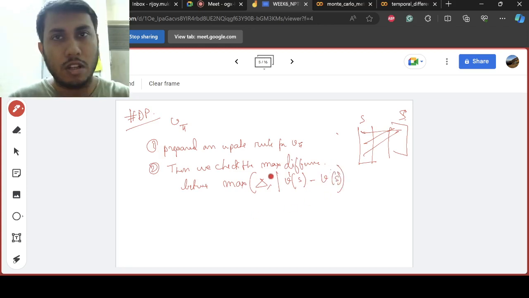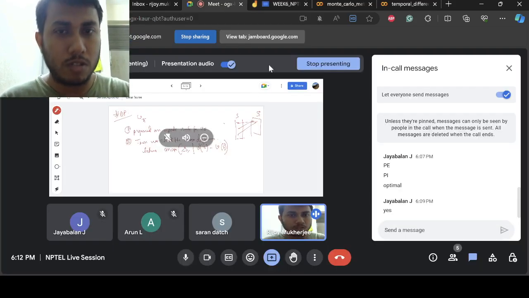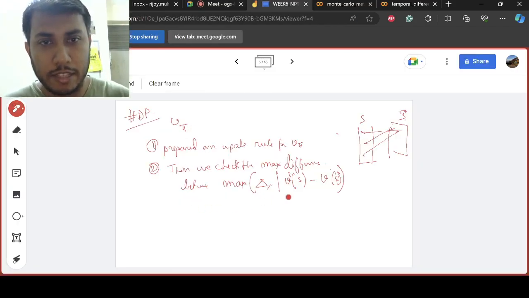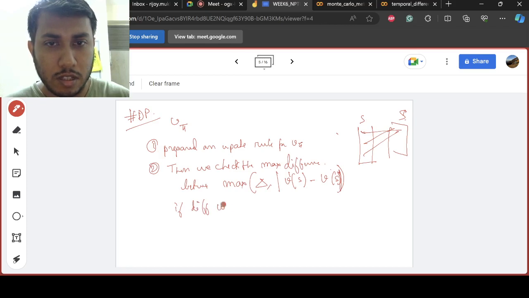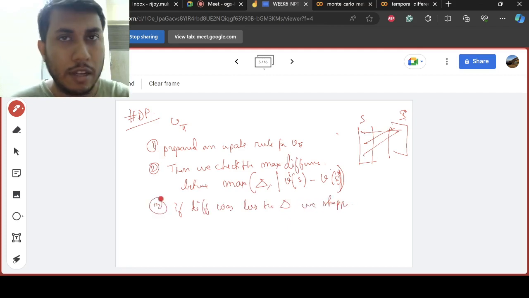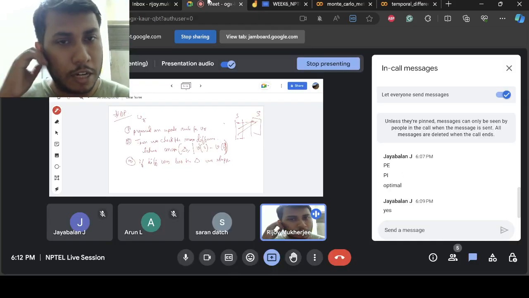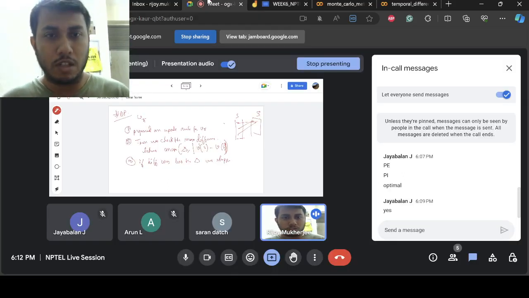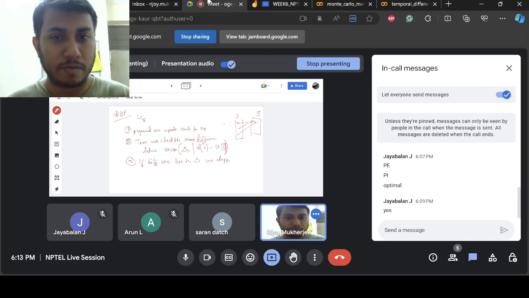We are checking this, right? We are trying to do this, and if this difference was less than delta, we stopped, right? Or else we used to continuously update it. You have to continuously evaluate it, right? So that was what you are trying to do in DP, right?